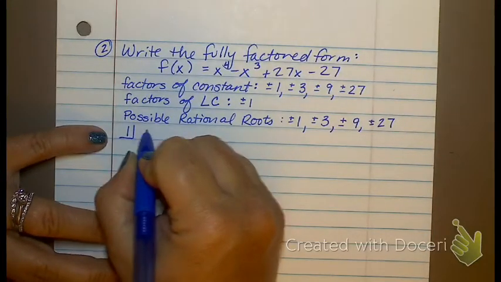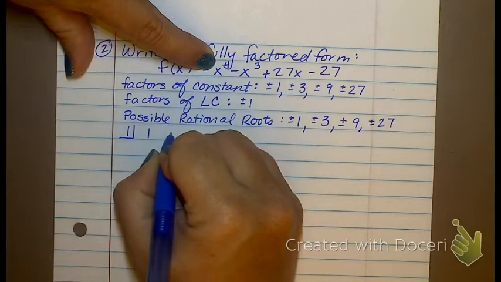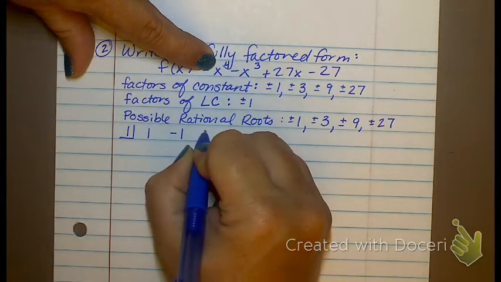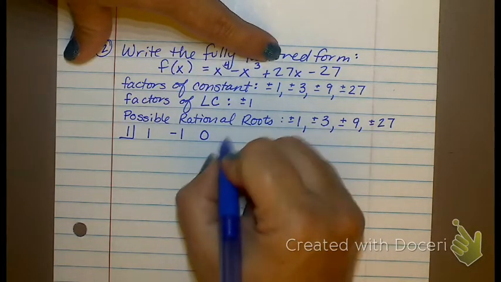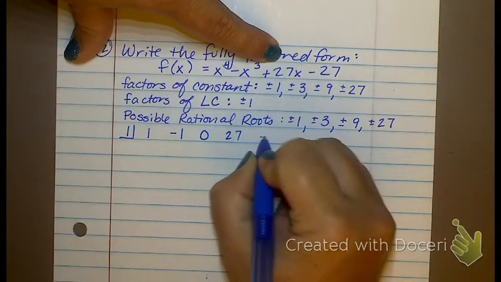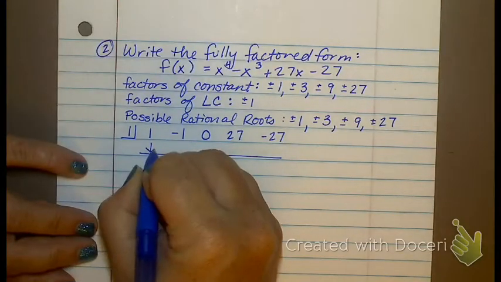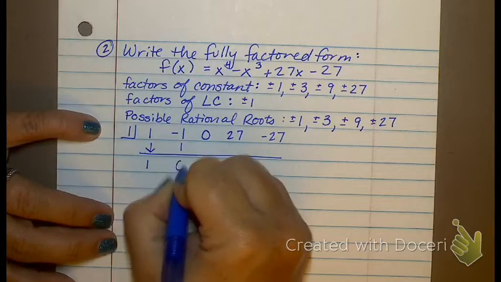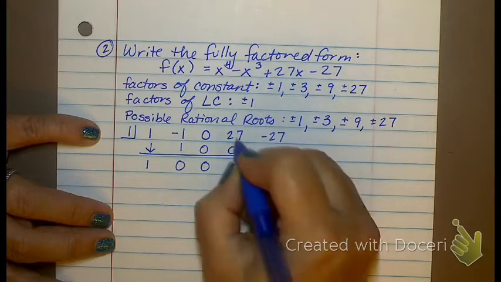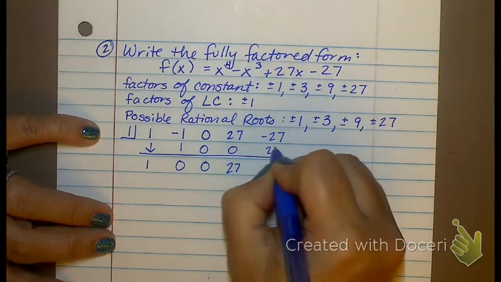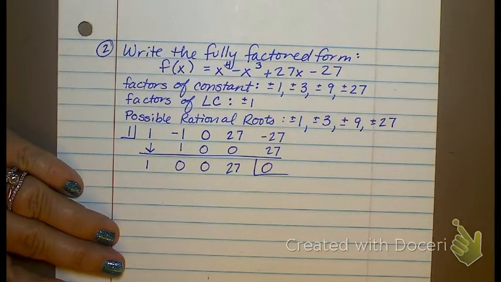So if I put the 1 there, what are my numbers across? 1, negative 1, 0, right? There's no x squared term. 27, negative 27. Let's see what we get. I have one of my answers, don't I?